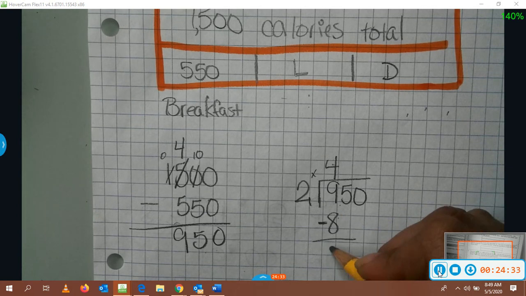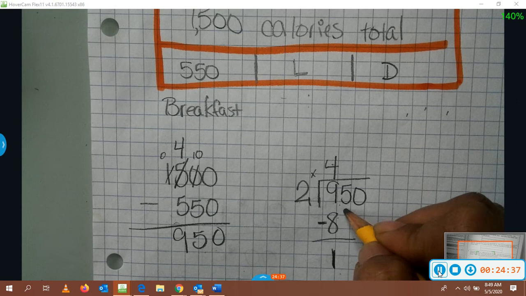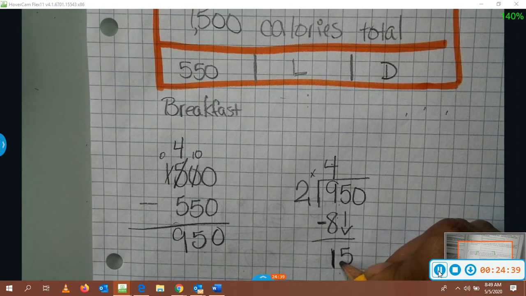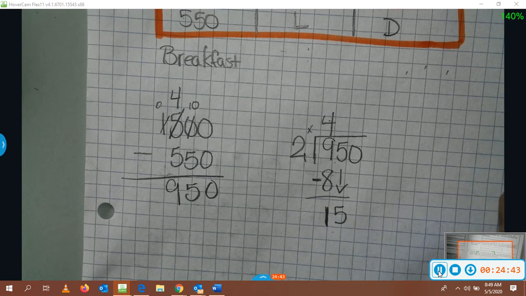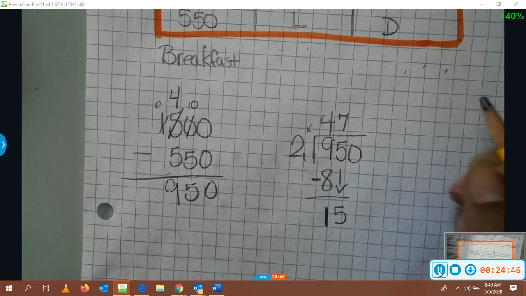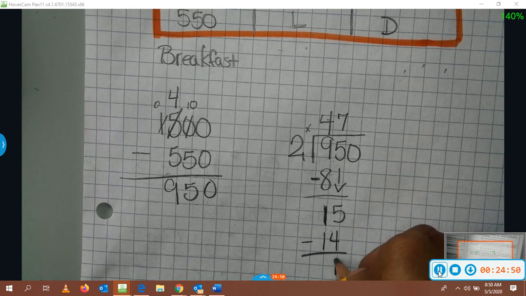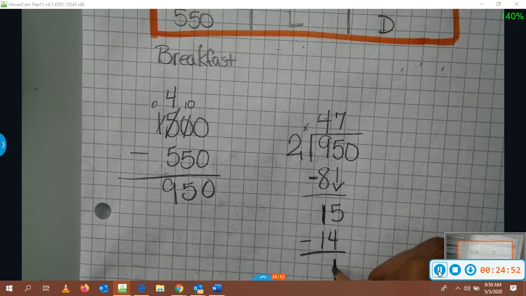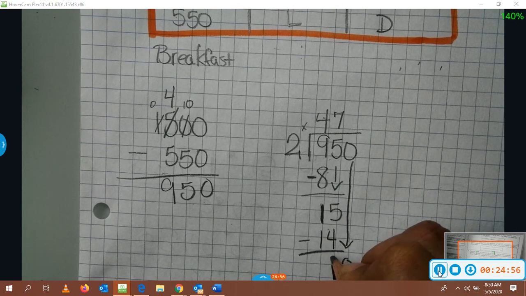9 minus 8 is 1. I cannot do anything with this 1, so I must bring down the 5. 2 going into 15 will be 7, because 7 times 2 is 14. So we will subtract, and we have a 1 still left over. And we're going to bring down this 0 to include it.